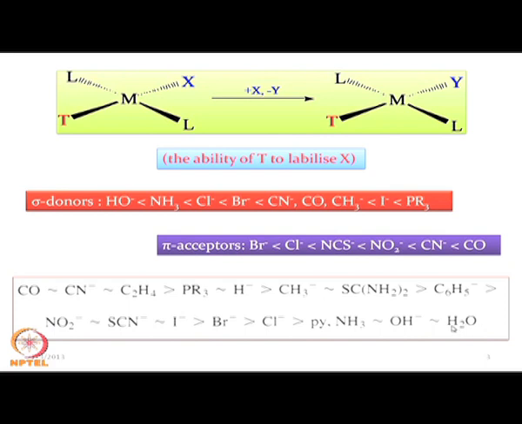So, water will have less effect for labilizing the group which is present trans to the water molecule in the substitution reaction. Similarly, the nitrite ion will be stronger in respect to substitution reactions compared to the Cl minus and the ammonia molecule.